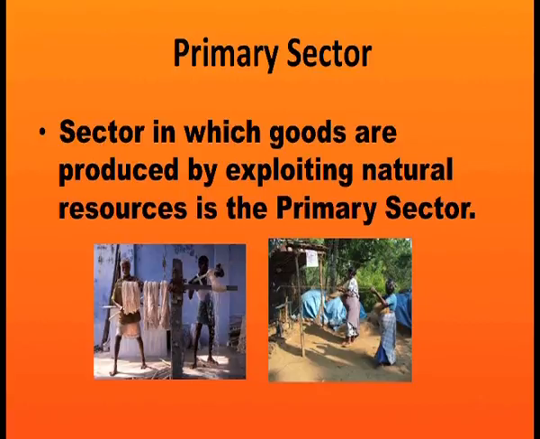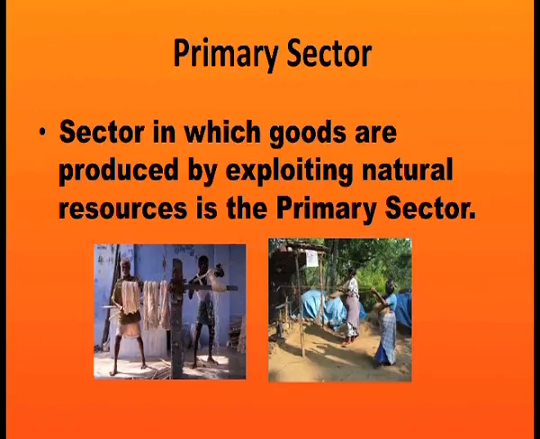What is primary sector? Primary sector is the sector in which the goods are produced by exploiting the natural resources wherever the goods are produced, and that sector will be called primary sector. The farmers grow crops. There are so many people who on an everyday basis go to the forest to collect wood. There are people who go to the open sea or rivers and catch fish.